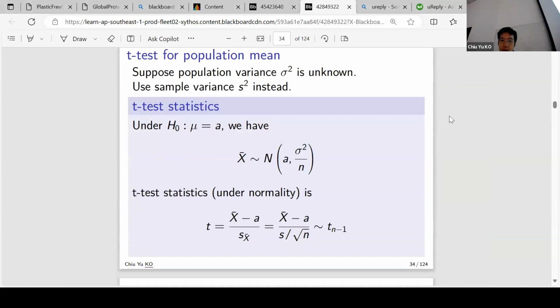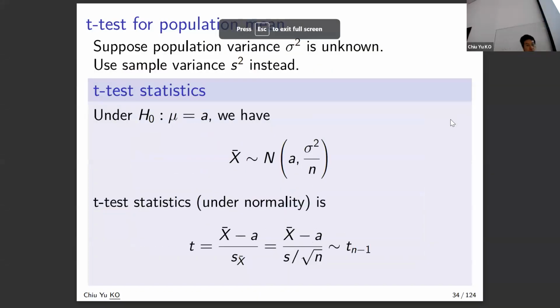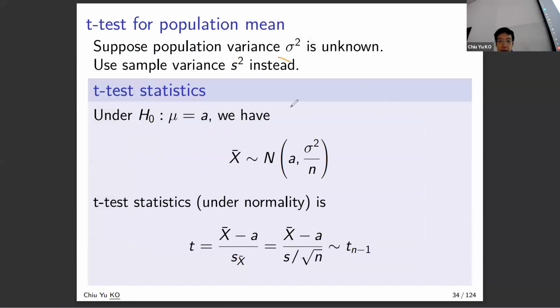Now, as we just hinted, we do T here. T here is the case where we don't know the population variance. So the same idea here, except we change sigma to S. The only thing is we don't know sigma, we only know S, which gives us T. To get that T, we use N minus 1.